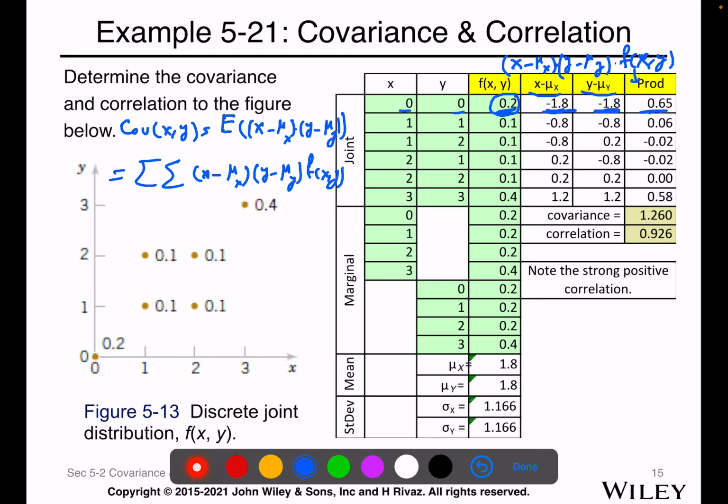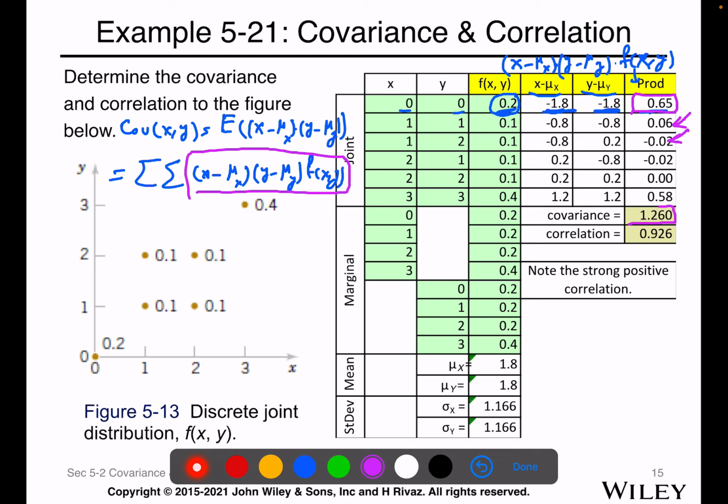Any questions? Okay, and so basically now I computed one term of this equation, right? So this guy here is this guy here, right? So I computed one term of this equation. All I have to do is compute all of the terms of this equation, and then I add them up.